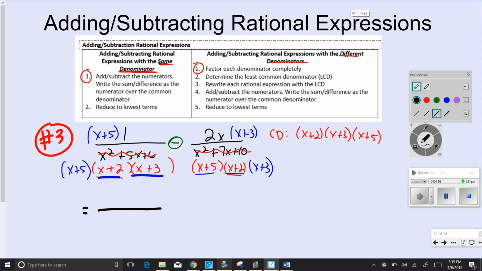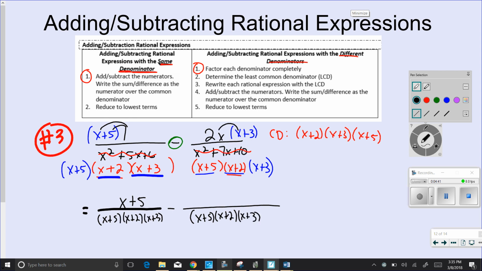So our fraction on the left, the denominator is x plus 5 times x plus 2 times x plus 3. That's your common denominator. And the top, you've got 1 times x plus 5, so that's just x plus 5. Bring down the minus. Second fraction, you have your common denominator, x plus 5 times x plus 2 times x plus 3, and you need to multiply out your numerator.